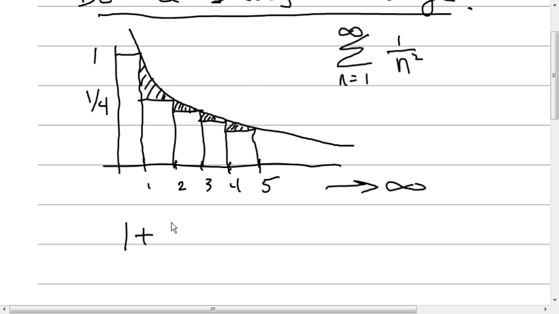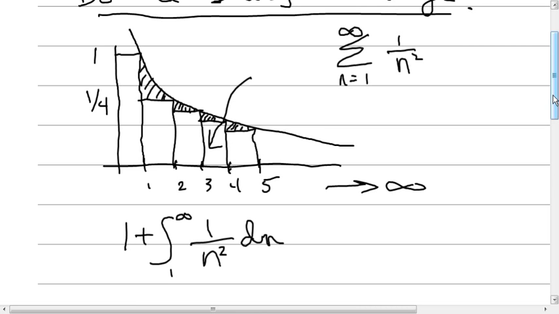So if we said, well, let's just take the area under this curve from 1 to infinity, the improper integral of 1 over n squared dn, if we were to solve this problem and find that it converges, then we know that the infinite series must converge, because all this series has got to sum to less than this, and if this converges, that means this converges.